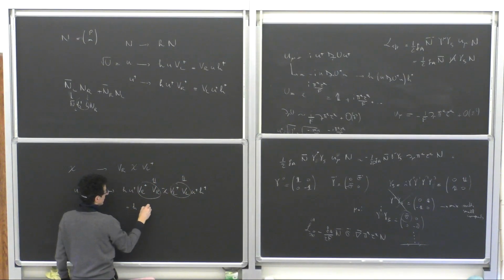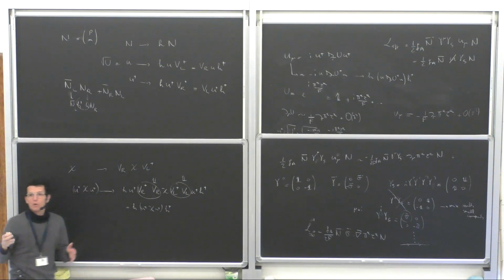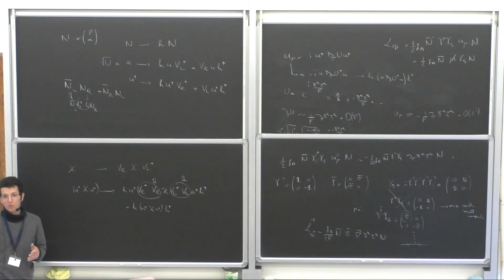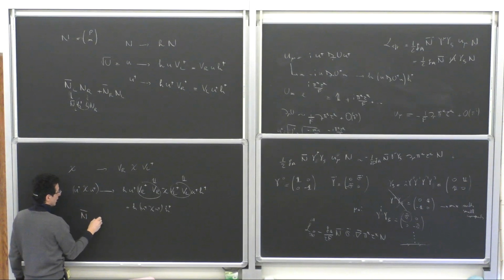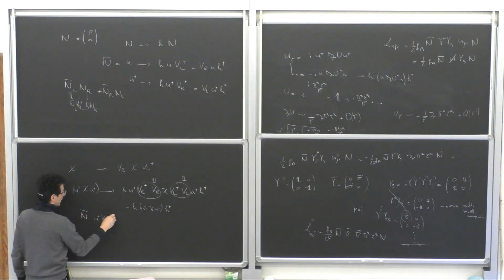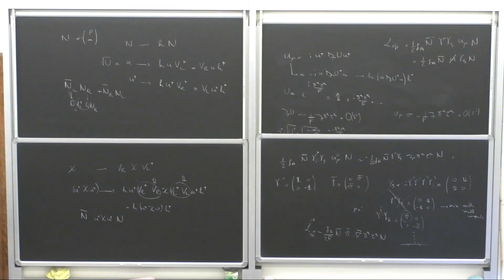So this building block transforms covariantly, so it can be put inside a fermion bilinear. For instance, a legitimate term would be n bar U dagger chi U dagger n.